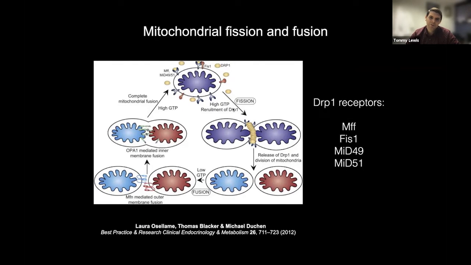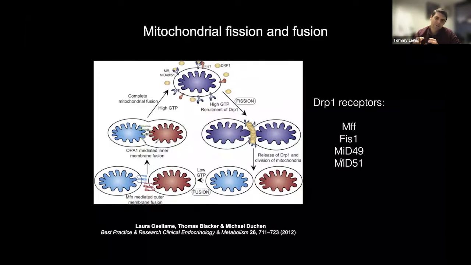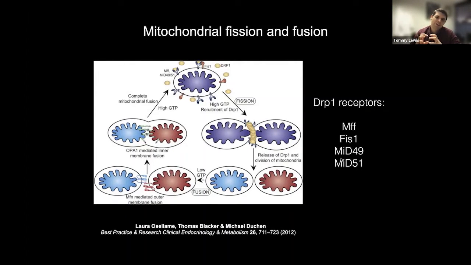It's a cytoplasmic protein, and then it's recruited to the outer membrane when necessary by a suite of receptors: MFF, FIS1, and MID49 and 51, also known as MiD49 and MiD51.